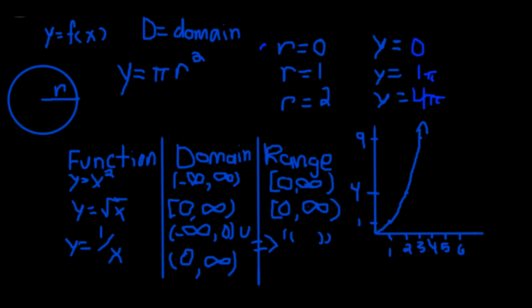So 0 comma infinity. Finally, we'll move into our last example function, y equals 1 over x, or x to the negative 1 power. This is a union symbol here, the thing that looks like a U, so we'll get right into that. The domain is negative infinity to 0. We have a curly bracket here, so you see that you can't have 0 because you can't divide by 0, correct?